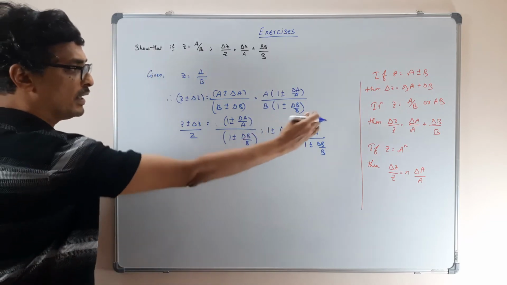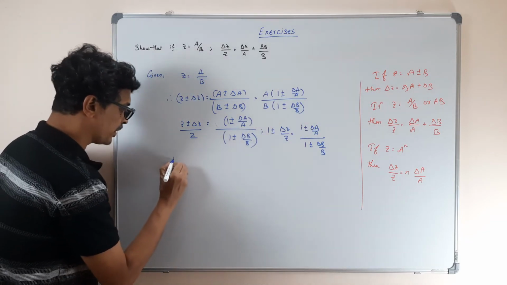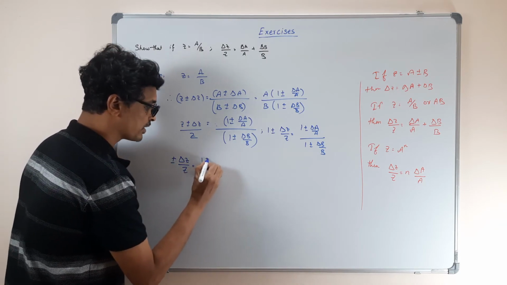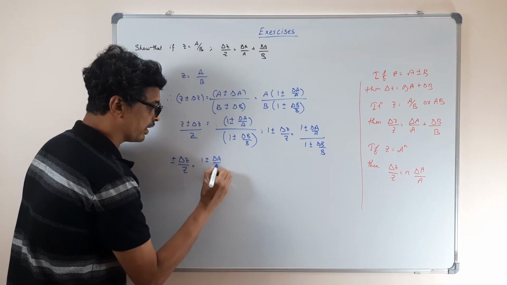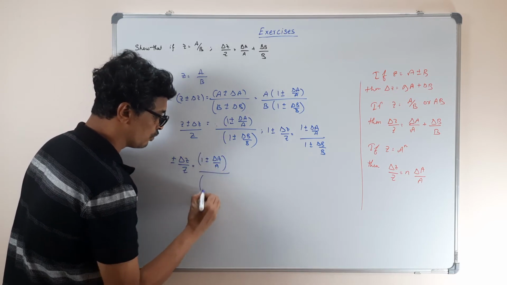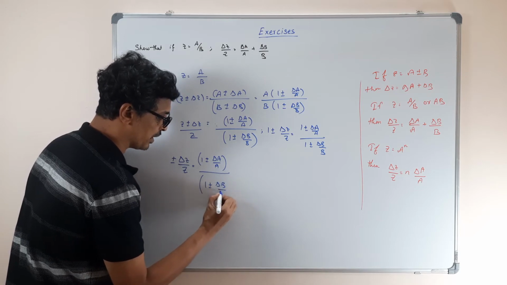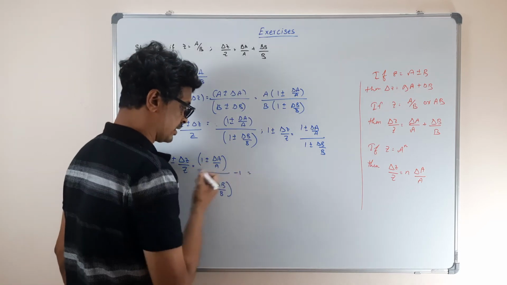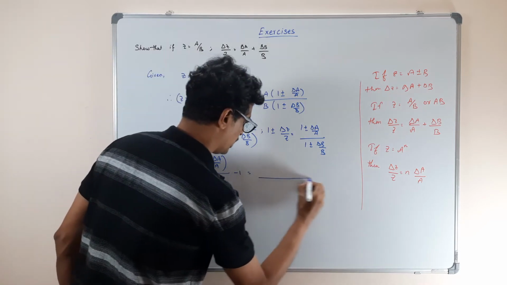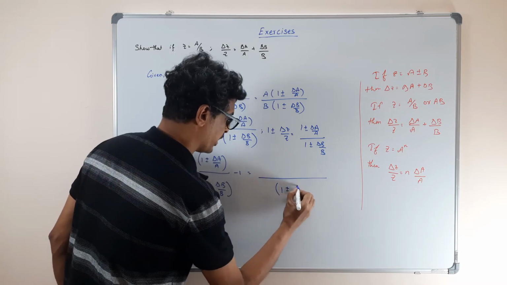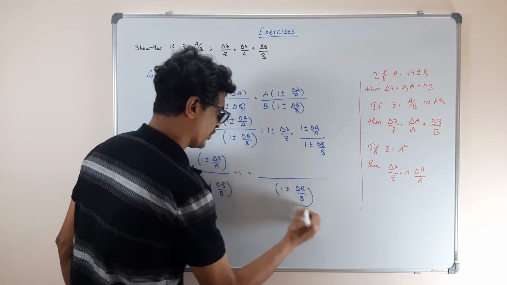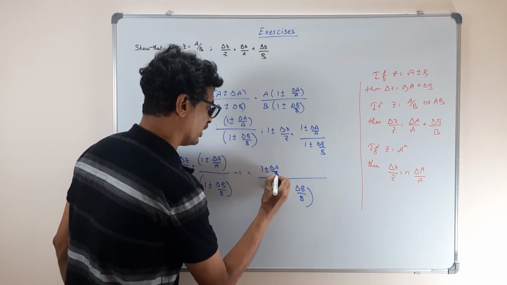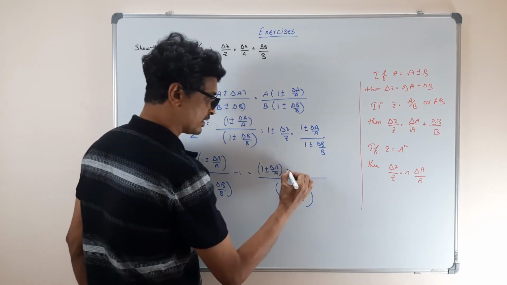So let me take this 1 that side. So we are having plus minus delta Z by Z equal to 1 plus minus delta A by A divided by 1 plus minus delta B by B minus 1. Good. So then let us take the LCM. So this will be 1 plus minus delta A by A minus, correct?